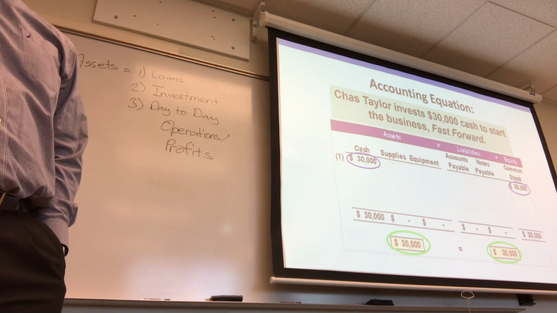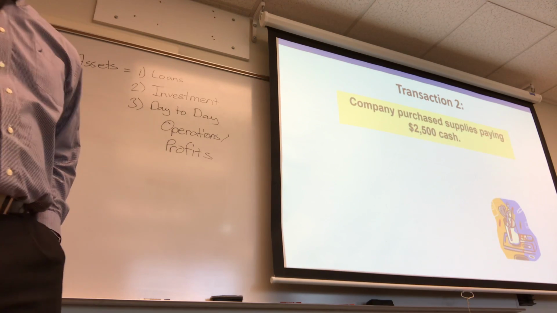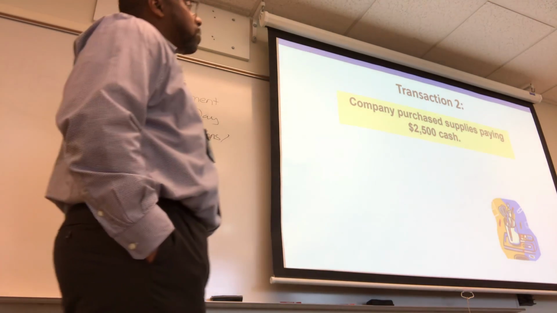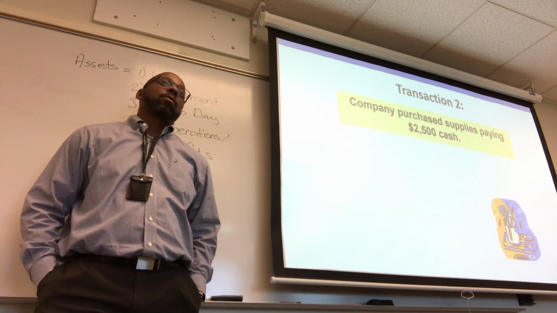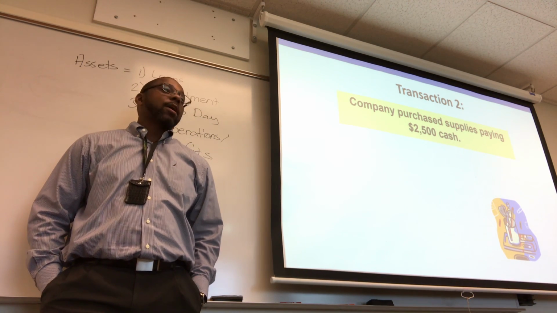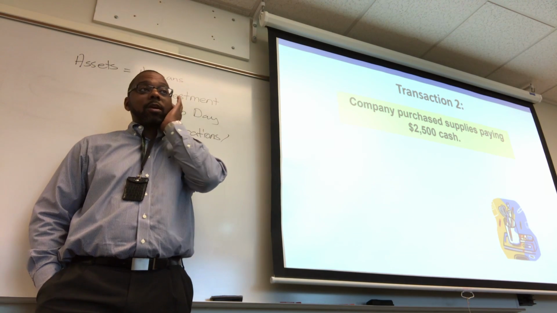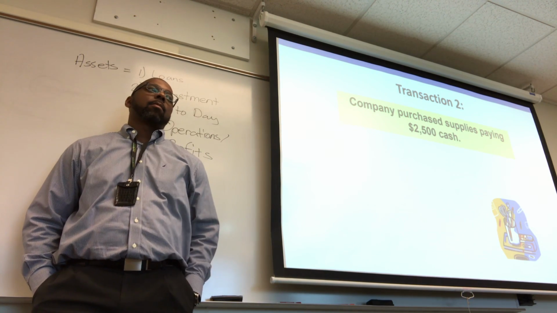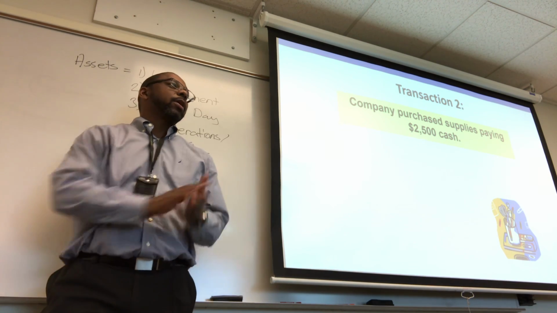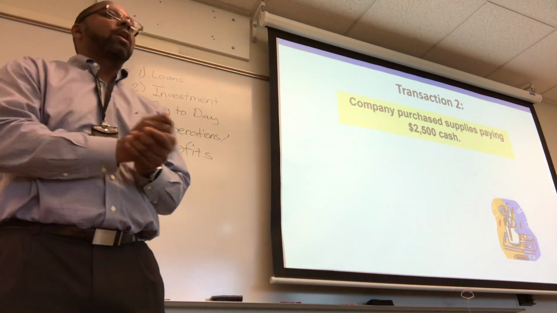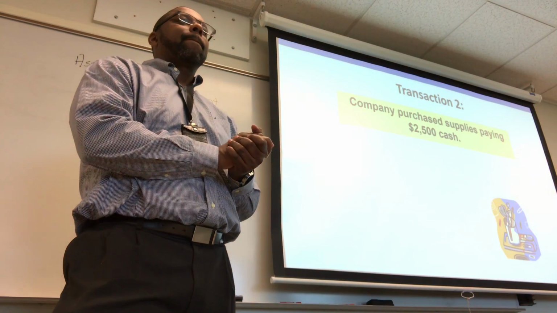The next transaction we'll do, the company purchased supplies paying $2,500 cash. So we have cash in this transaction. Does cash increase or decrease? Decrease. It decreases because we're going to pay it out, right? And cash is what type of account? Asset.